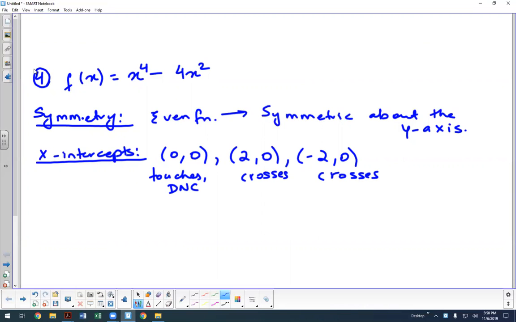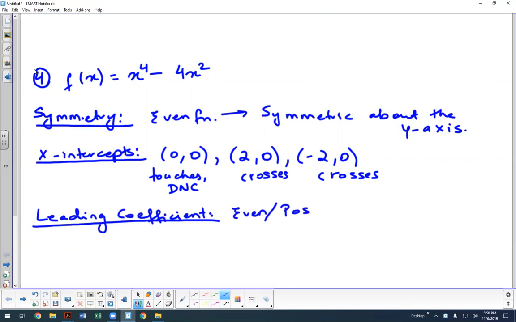Okay, and then what did we talk about? The leading coefficient test. So for the leading coefficient, this is of course an even and a positive coefficient. So what did that lead us to?